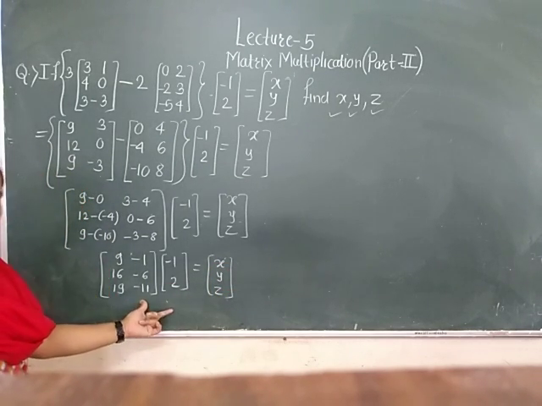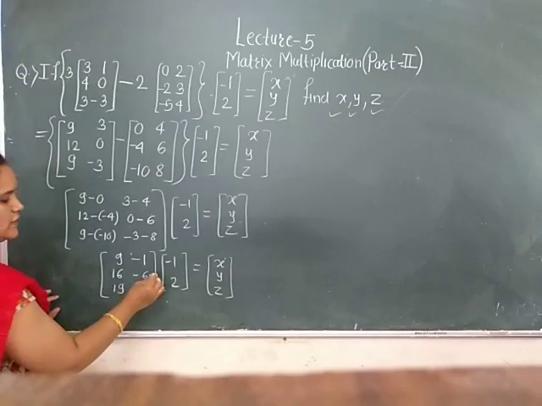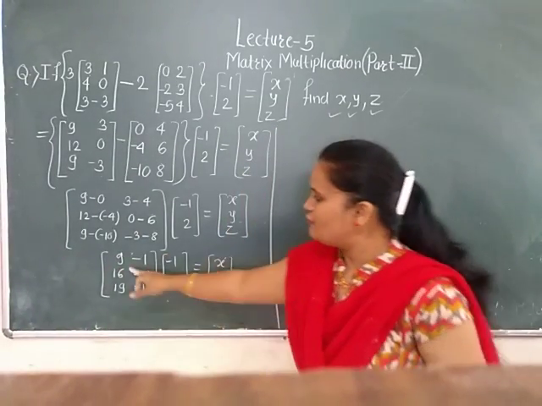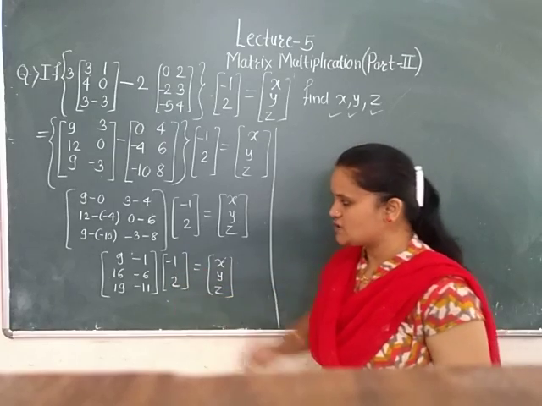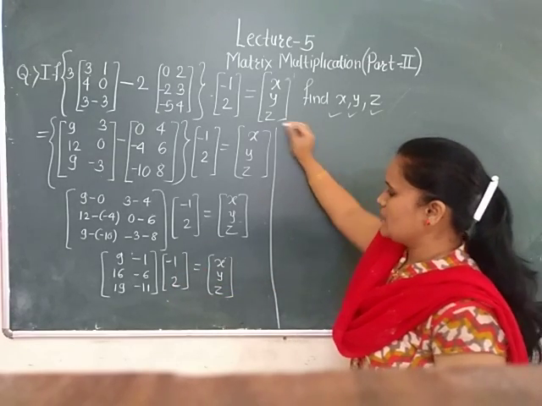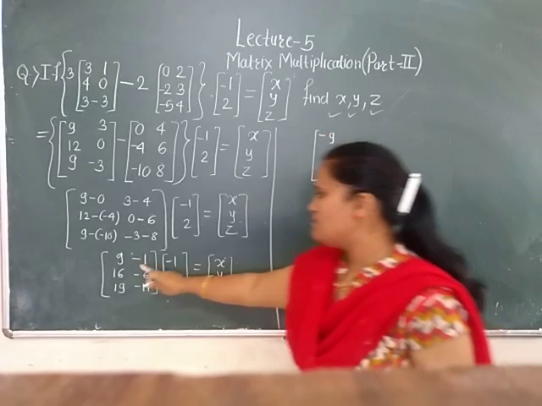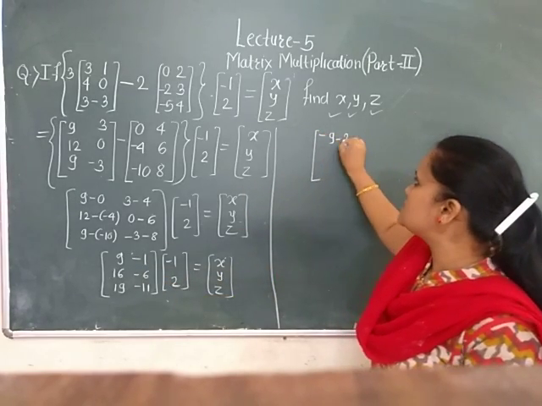Now this is the multiplication of two matrices. So here we can multiply these two matrices. The first row will be multiplied to the first column. 9 into minus 1 is minus 9, minus 1 into 2 is minus 2.